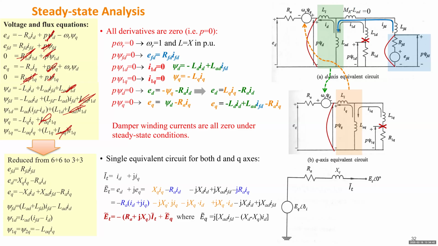You will find out the last term will not be pointing to the same direction. So you can still create such a circuit, but that internal voltage will be pointing to a direction not in the Q axis, some direction separated by a certain angle. That makes the calculation more complex, but it's more convenient to use XQ as the similar reactance.